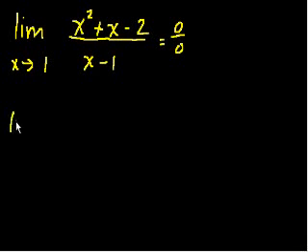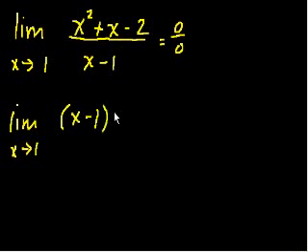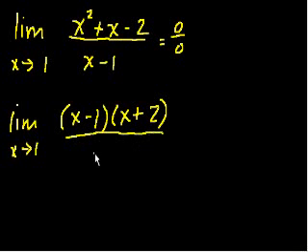So that's the same thing as the limit as x approaches 1 of x minus 1 times x plus 2, over x minus 1. And I think you'll often discover when you see a lot of limit problems that even if the top expression is hard to factor, chances are one of the things in the denominator that are making this expression undefined is probably a factor up here.